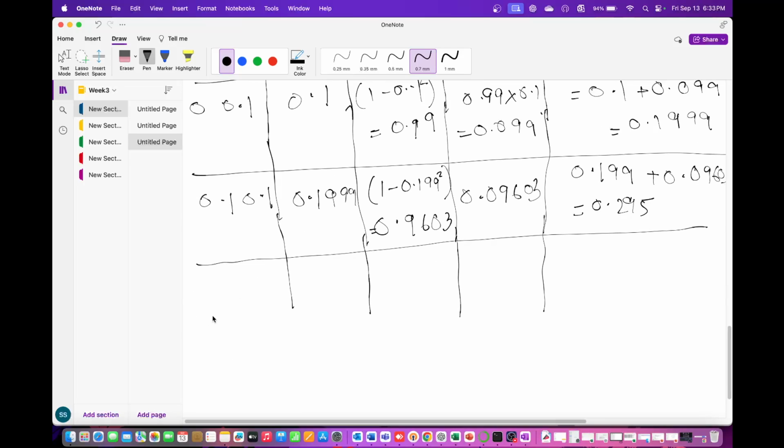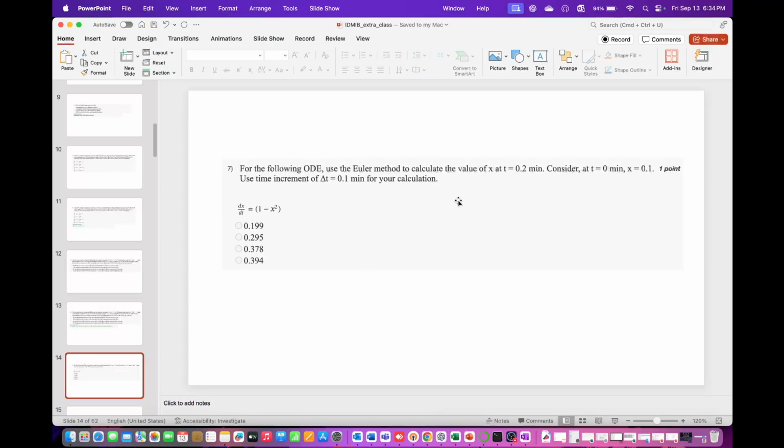So now your t is 0.2, your delta t is again 0.1, and your x value is 0.295. So this is what the question asked actually: what is the value of x at t equal to 0.2? The answer is 0.295.